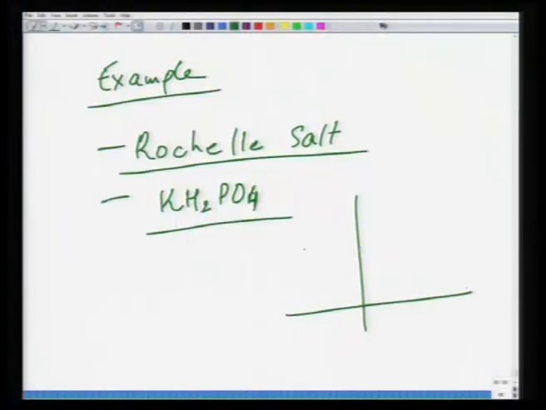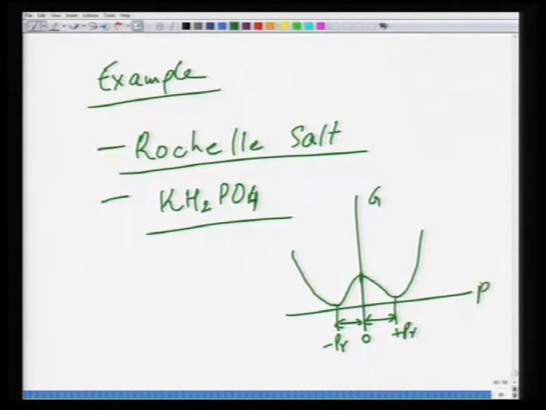So, whenever you draw this free energy polarization plot, make sure these are evenly spaced: if this is 0, this is plus PR and this is minus PR. This is characterized by a gradual drop in the polarization, abnormally high susceptibilities near the phase transition, and a discontinuity in the specific heat near the transition.